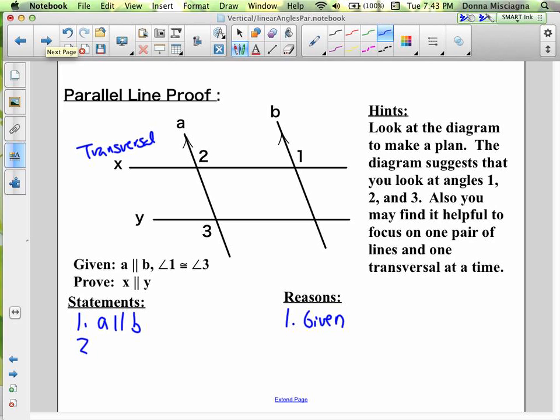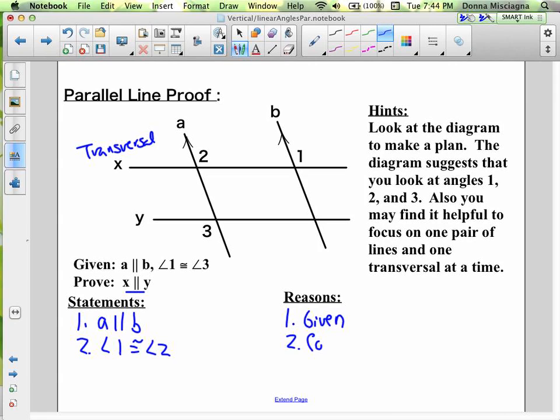So something I can say about angles 1 and 2 is that angle 1 is congruent to angle 2. That gets both of those angles in there. And we're trying to prove something about our lines X and Y. It makes sense to use the angles that were given, because then maybe we could say something about some angles that are formed by lines X and Y. All right, so why can I say angle 1 is congruent to angle 2?